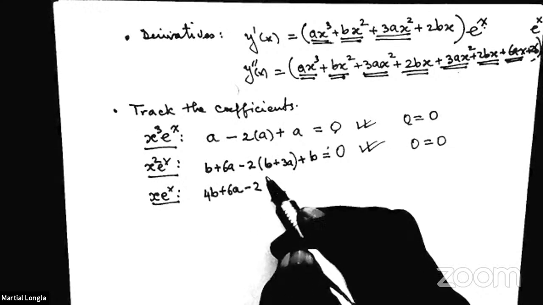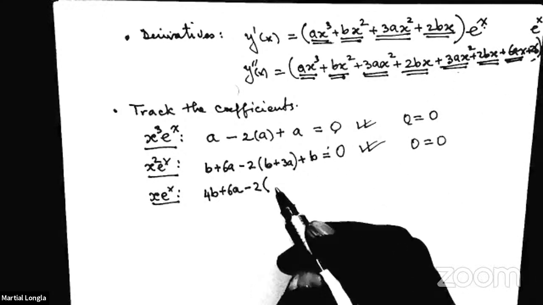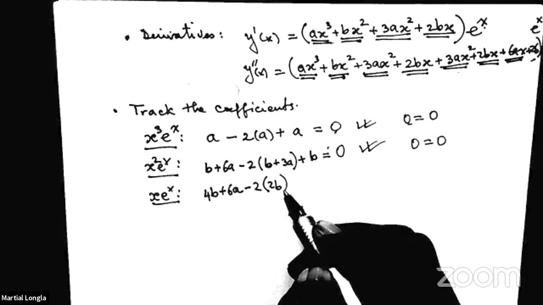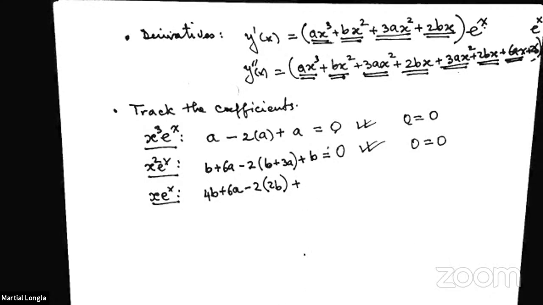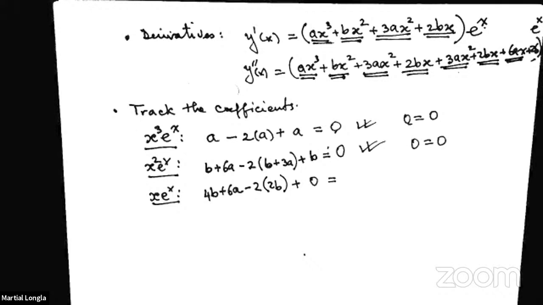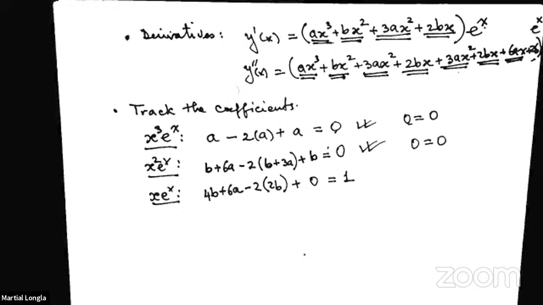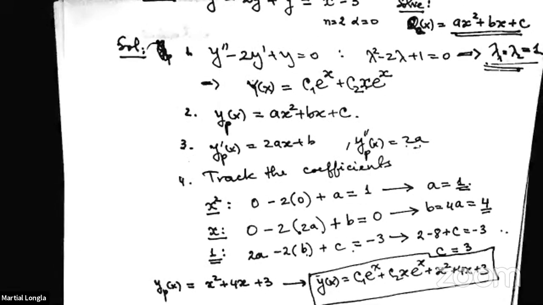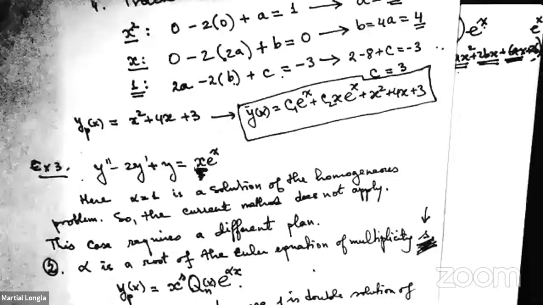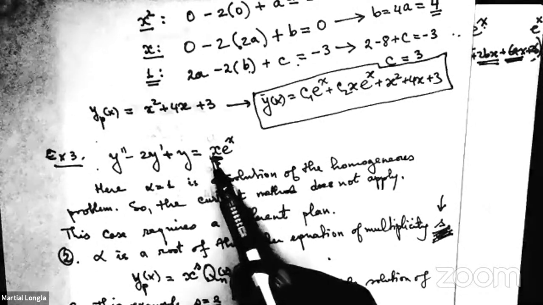Then minus 2, we go to the derivative and we find 2b. Plus, we go to the original function, x e to the x, there isn't. So that's 0 equals the right-hand side of the equation, x e to the x has coefficient 1. That's the right-hand side of the equation.